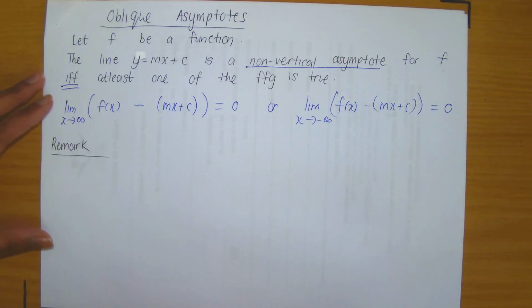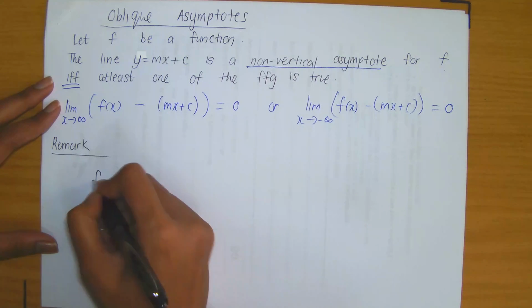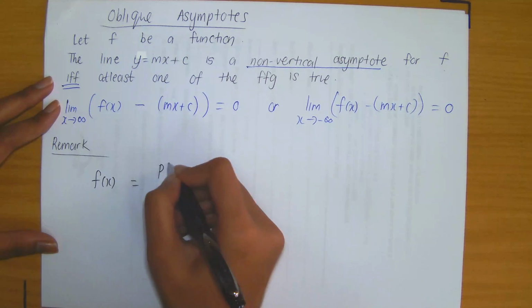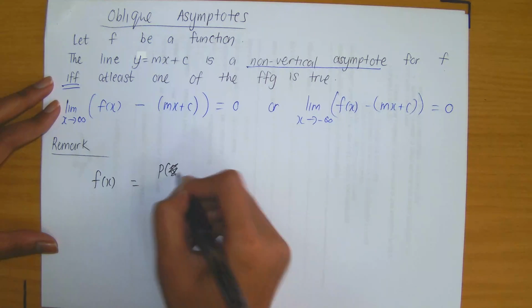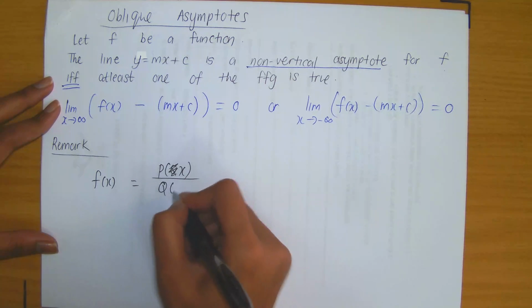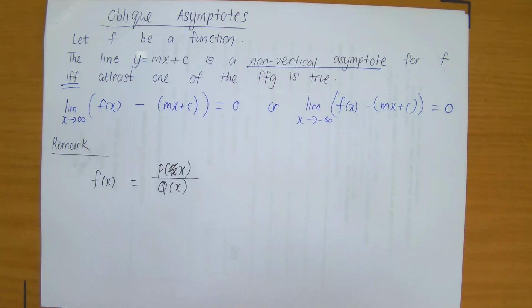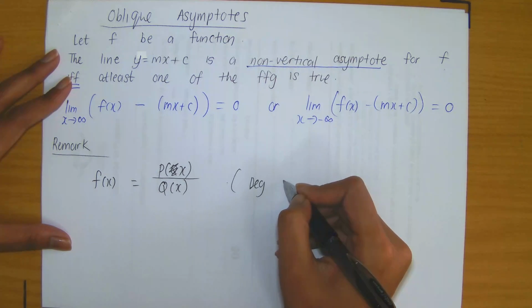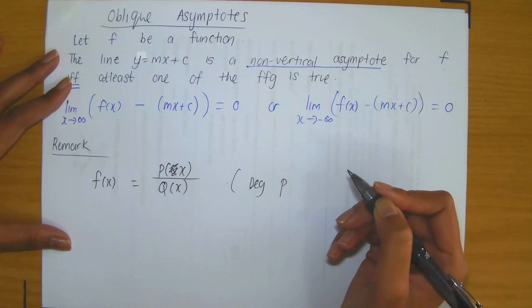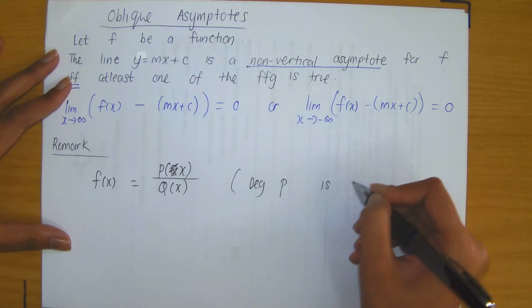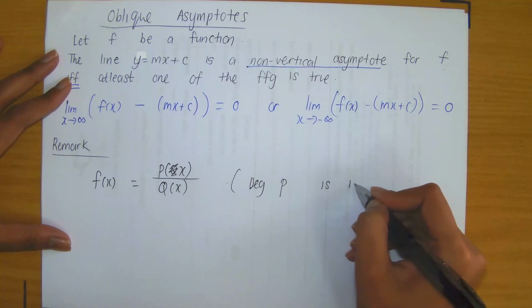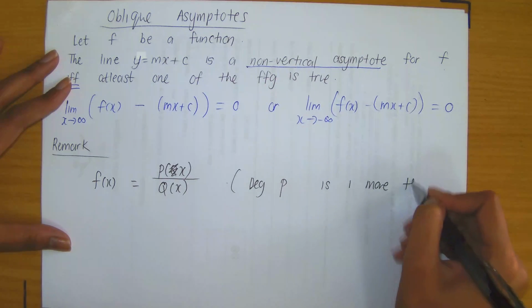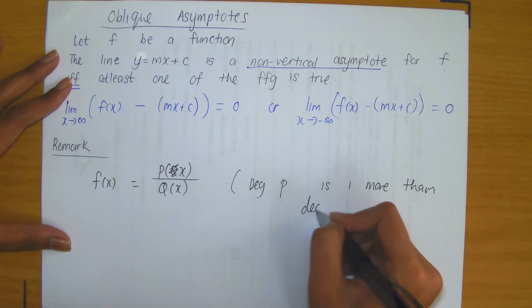So let's consider the following. What does this now mean? Suppose that I had given you a rational function, meaning a polynomial divided by a polynomial, which is of the form p of x divided by q of x. And suppose that the degree of the polynomial in the numerator, meaning p, so degree of p is 1 more than the degree of q.